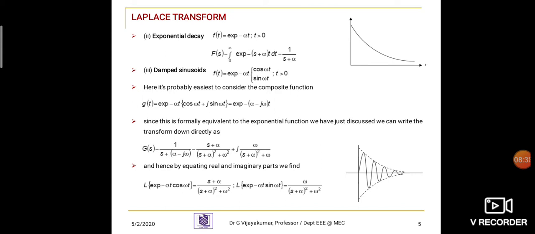So, the function f of t is equal to exponential of minus alpha t with respect to cos omega t or sin omega t at time t greater than 0. Here it is probably easiest to consider the composite function g of t is equal to exponential of minus alpha t into cos omega t plus j sin omega t.